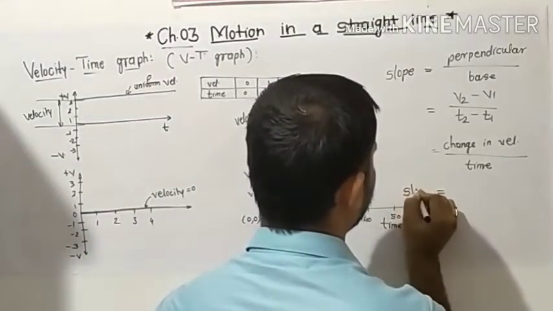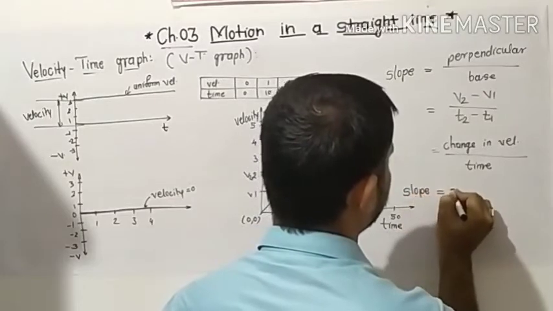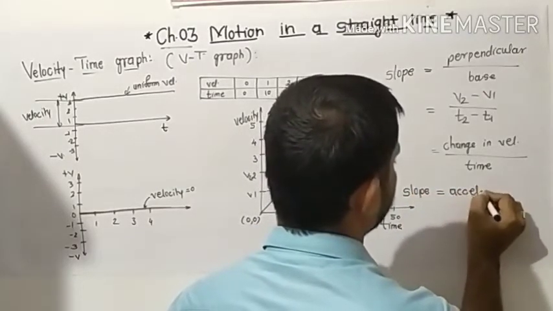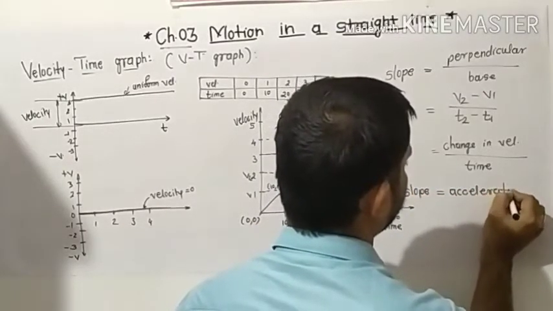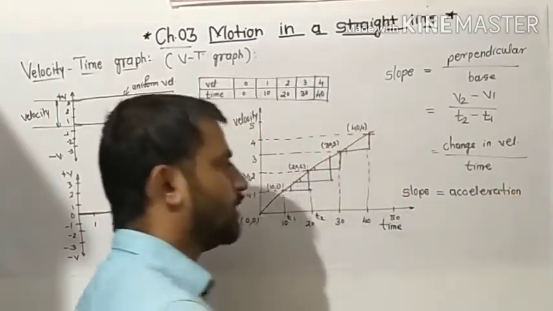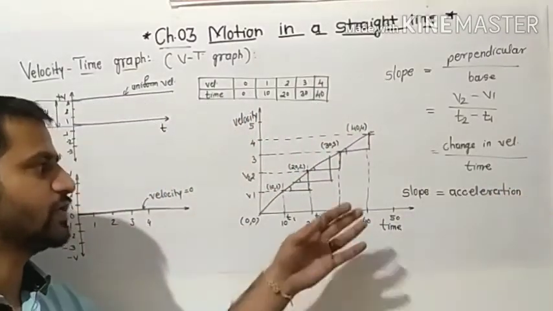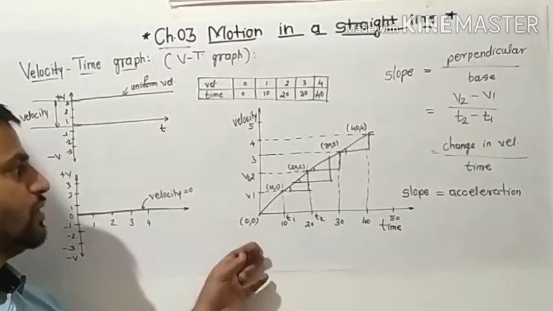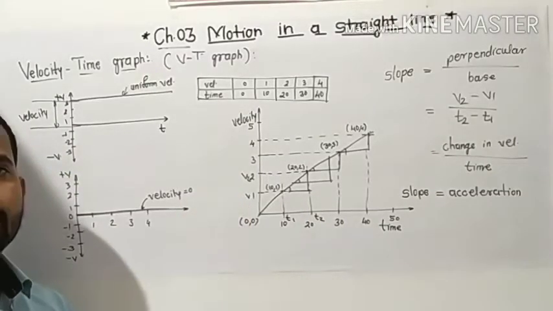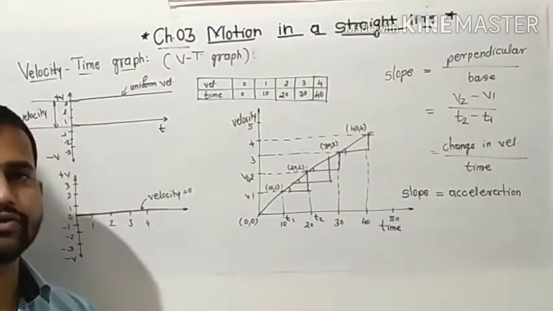So the slope of a VT curve is equal to the acceleration. If we have the graph of a VT curve, we will get the value of acceleration.